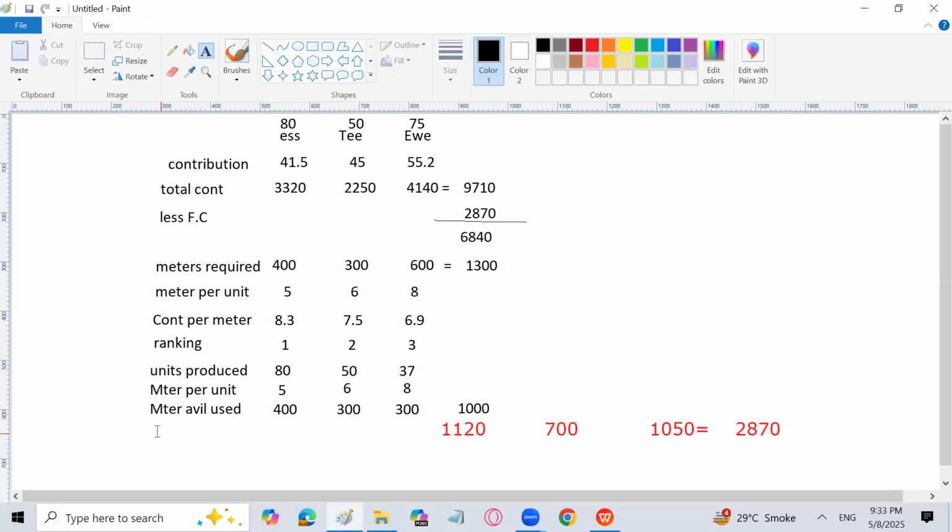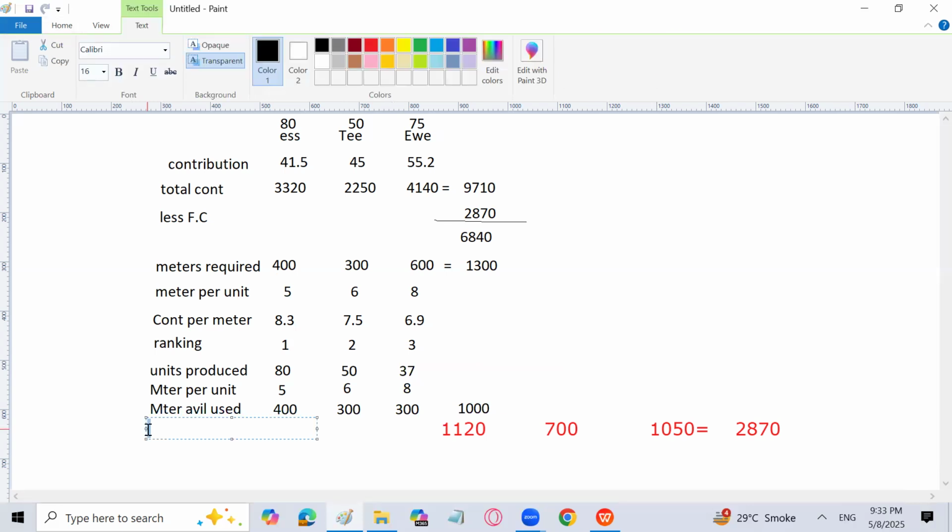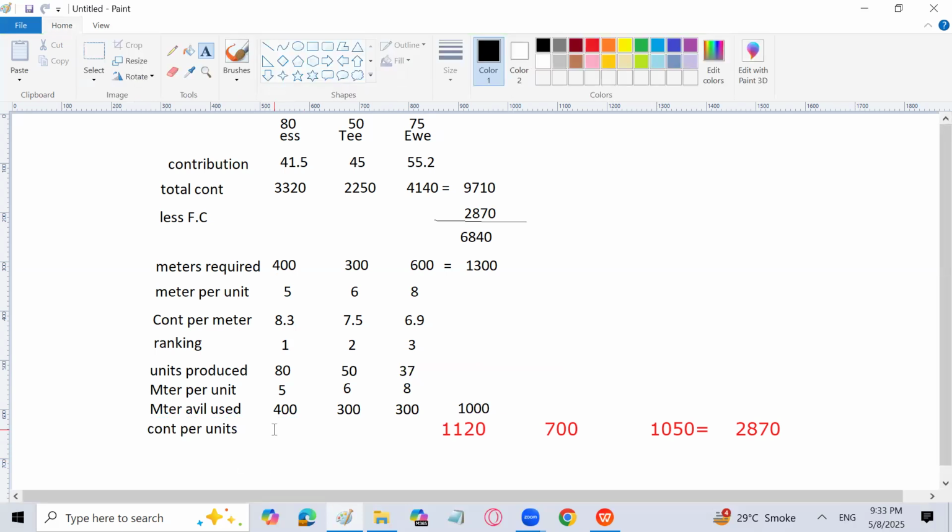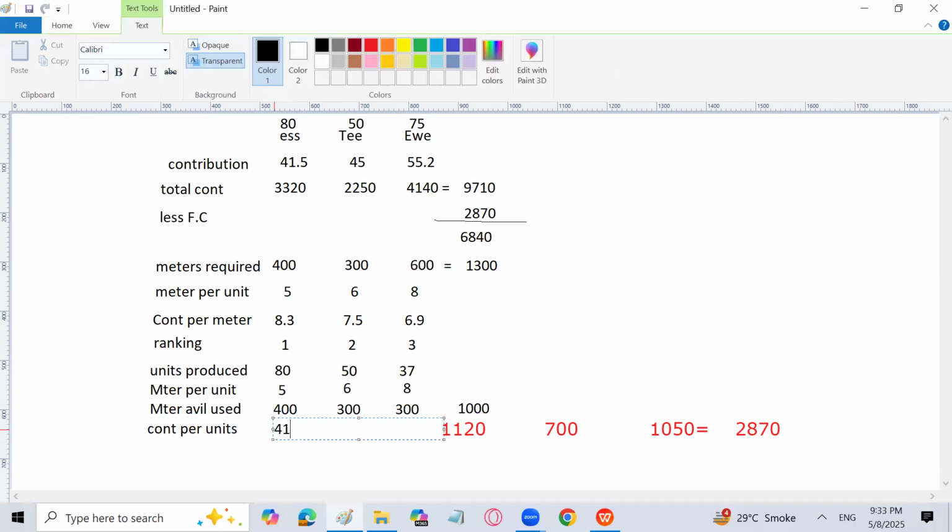Now you can find the contribution. You can write contribution per unit, which remains the same: 41.5, 45, and 55.2. I'm writing it again for understanding purposes.